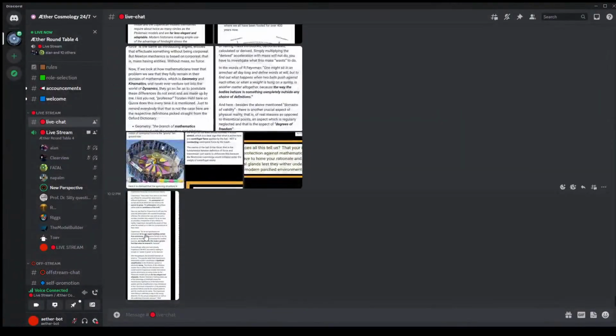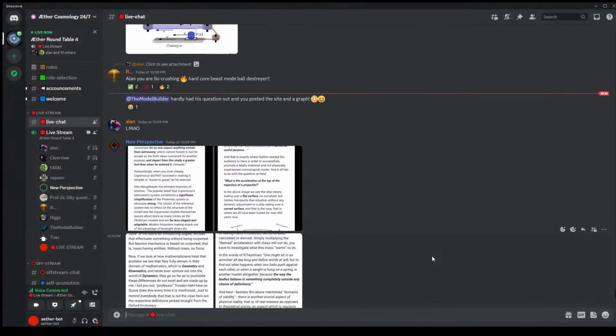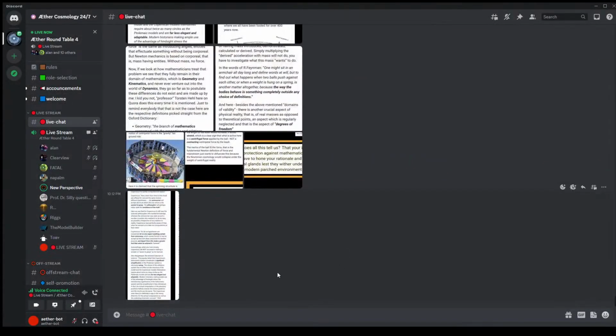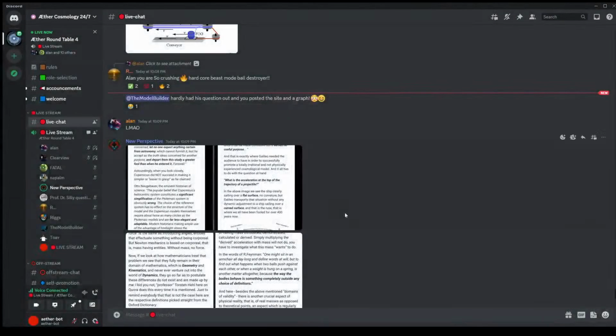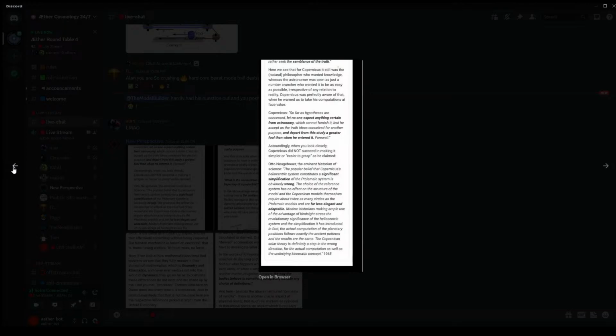And then he says, "Here we see that for Copernicus, it still was the natural philosopher who wanted knowledge, whereas the astronomer was just seen as a number cruncher who wanted it to be as easy as possible, irrespective of any relation to the reality. Copernicus was perfectly aware of that when he warned us to take his computations at face value."